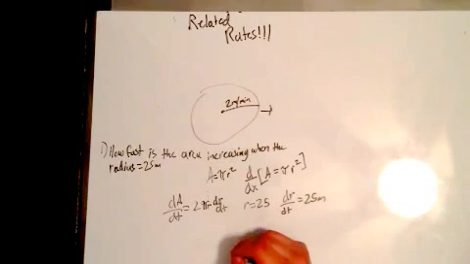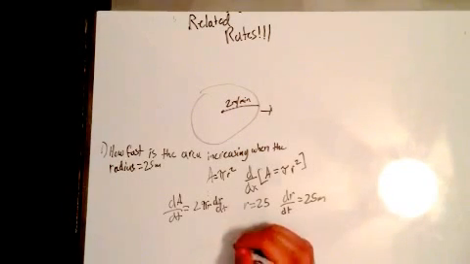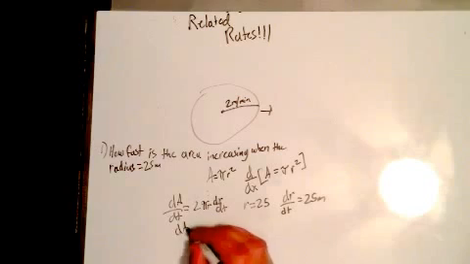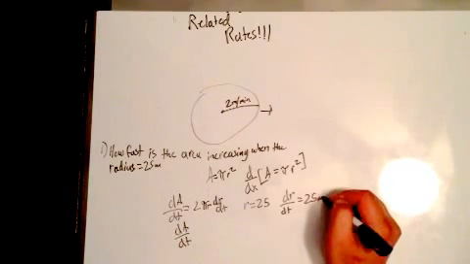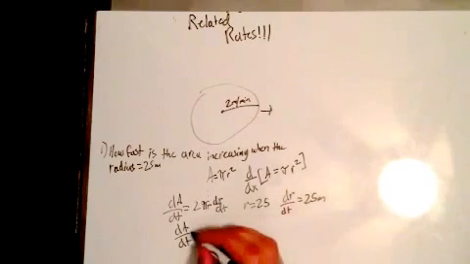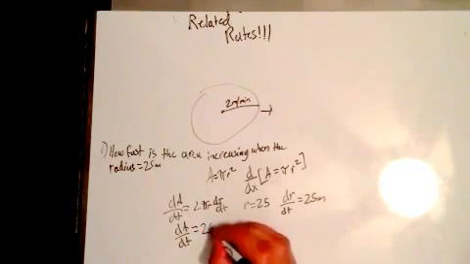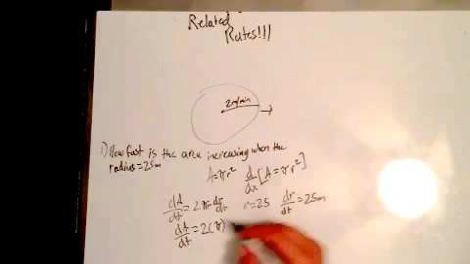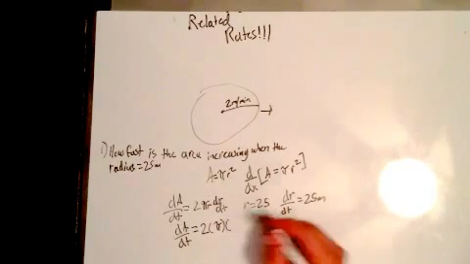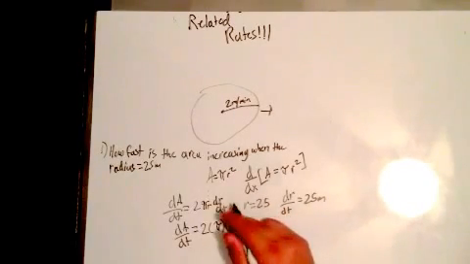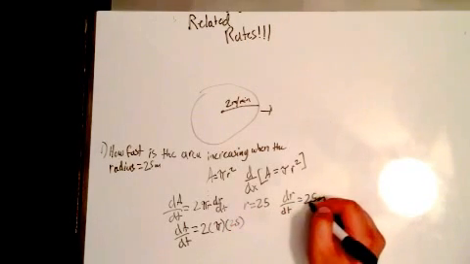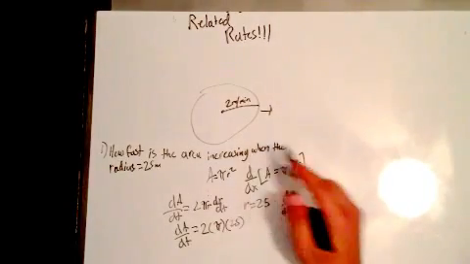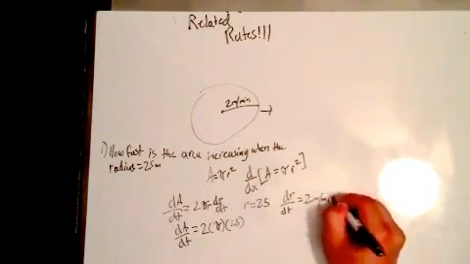Now we have enough. We're finding out how much the area is changing when the radius is equal to 25 meters. So now we have our equation: 2 times pi times r. We just plug in for r, 25. Hold on a second. The 2 here isn't r, it's dr/dt, because the radius is changing by 2 meters per minute.